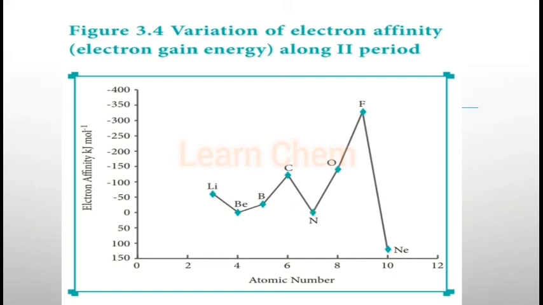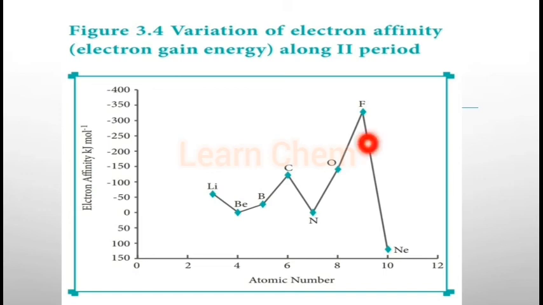In the case of inert gases, they have a completely filled configuration. In extreme conditions, that means if we supply energy, they can accept an electron. But lithium, boron and carbon readily accept an electron and release energy because they have neither a completely filled nor a half filled configuration.